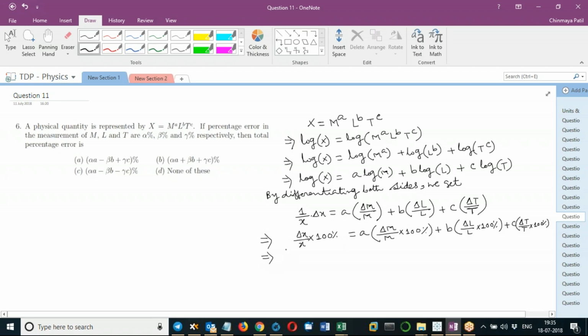So from there, this delta x by x into 100% is nothing but the percentage error.